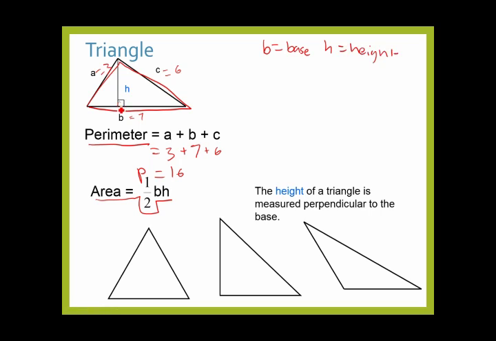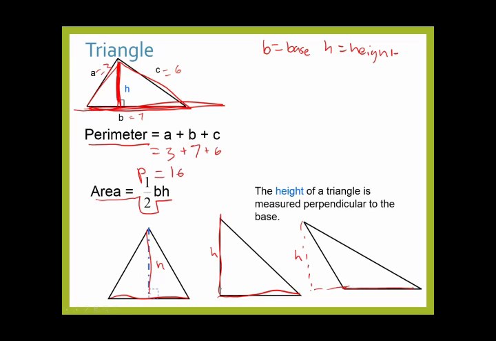Height is how tall a triangle is, and base is, when I draw a straight line, what is the length it's sitting on. So the base would be here, here, and here. For this one, this would be the height. The height here is right here. This is the height for this triangle.